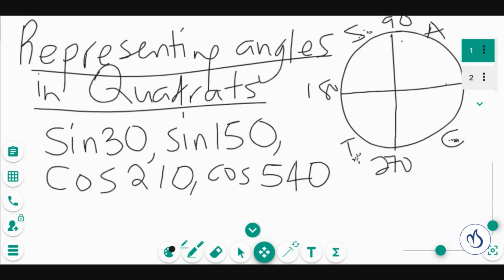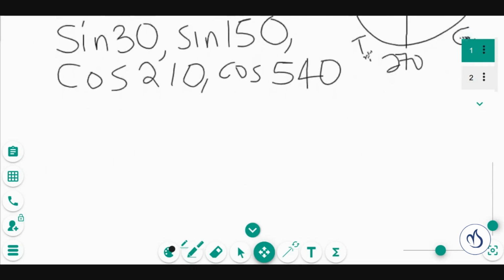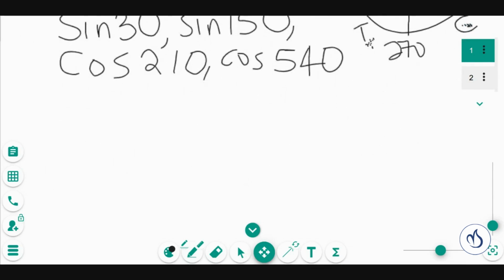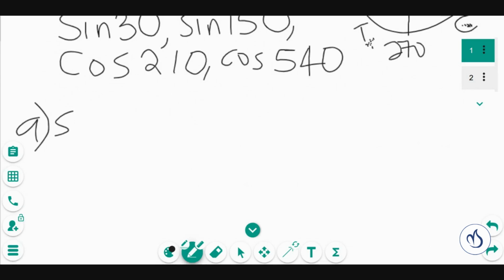So starting with the first one, which is the sine of 30. I'm going to represent the sine of 30 on that quadrat. So I'm going to draw it like this.